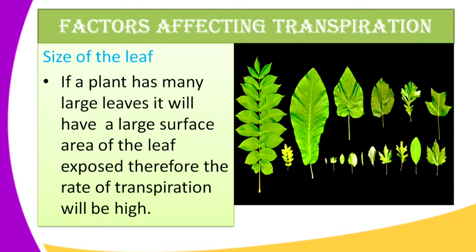While if the leaf is very big, it has more surface exposed to transpiration, so the rate of transpiration is also going to be high. So the bigger the leaf, the more water it's going to lose, and the smaller the leaf, the less water it's going to lose to the environment.